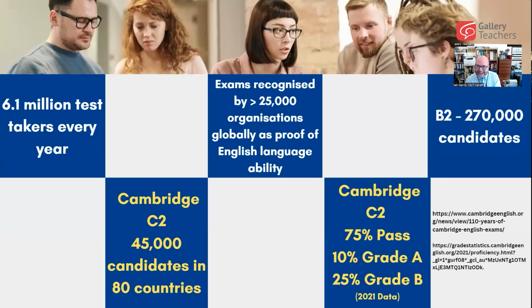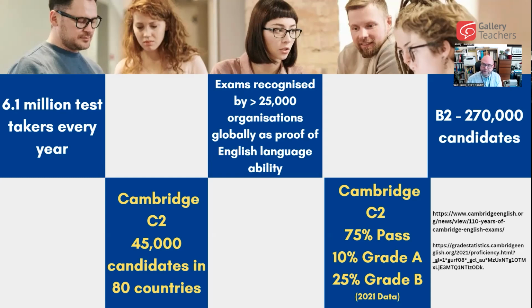So in an attempt to get a sense of scale, this slide, based on data from Cambridge, tries to identify the relative number of candidates taking C2 compared with all the other English language tests that Cambridge offers. And Cambridge, based on 2021 information, has about 6.1 million test takers each year.